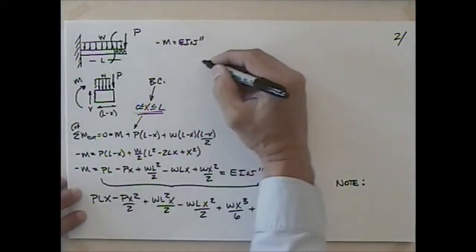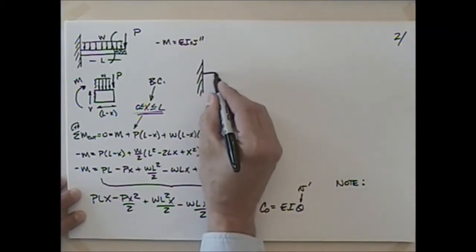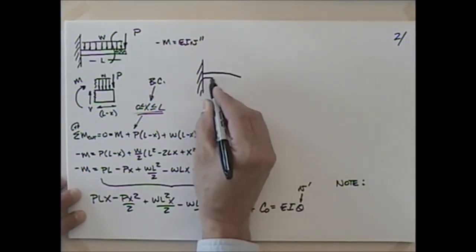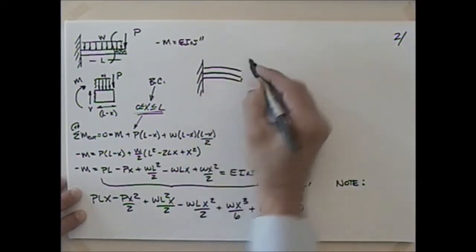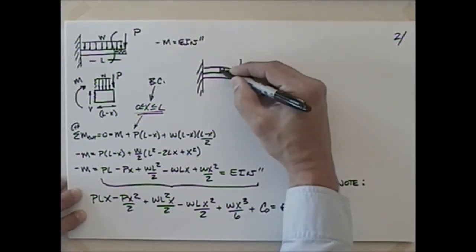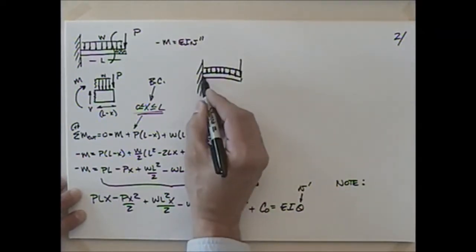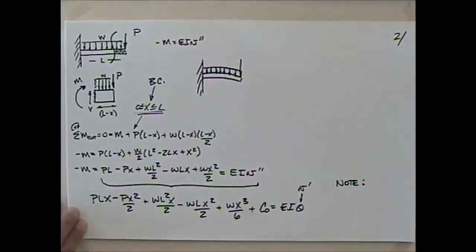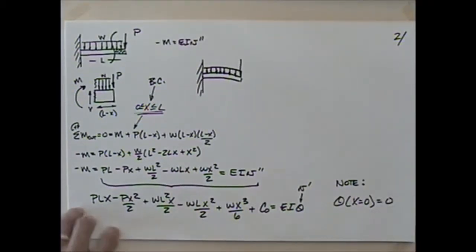If I were to draw the deflected shape, what this looks like when it deflects is probably going to be something like this, right? Where we're going to get maximum deflection at the free end. But here we have 0 rotation, so we've got 0 slope. So I should be able to say that theta at x equals 0 is equal to 0, isn't it?